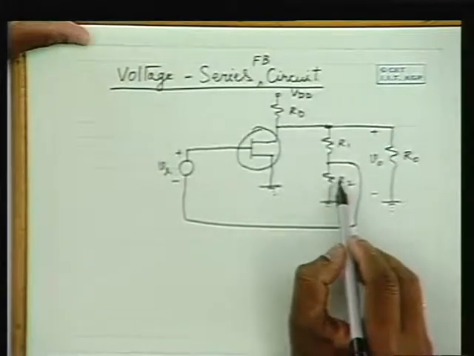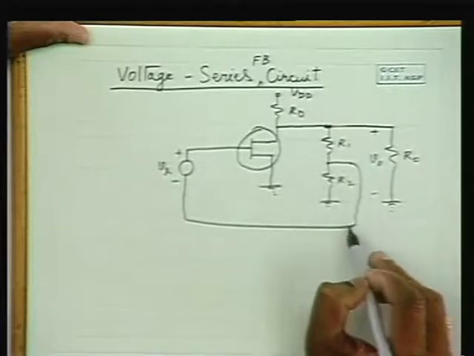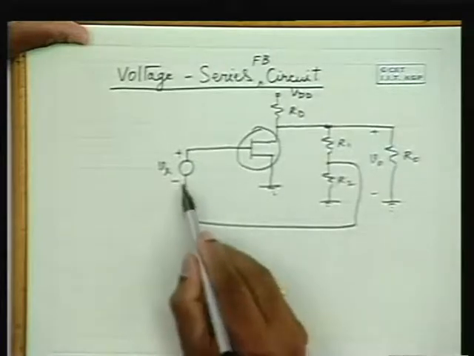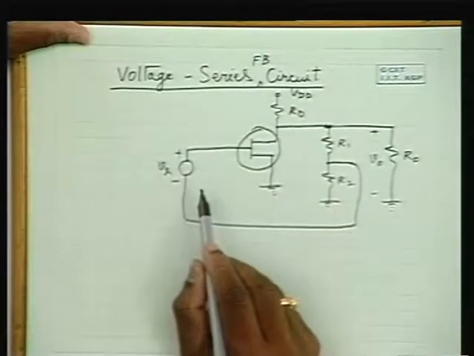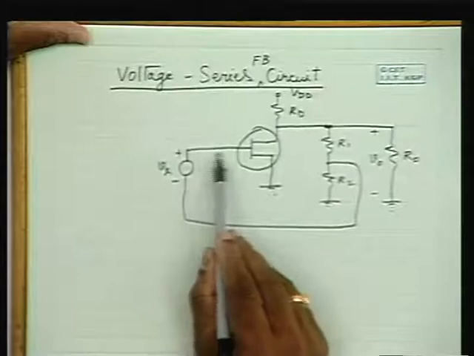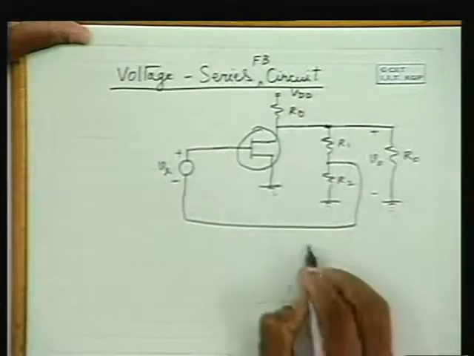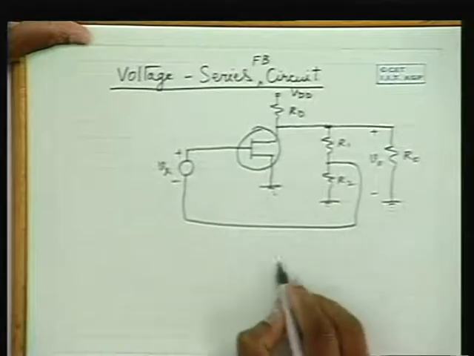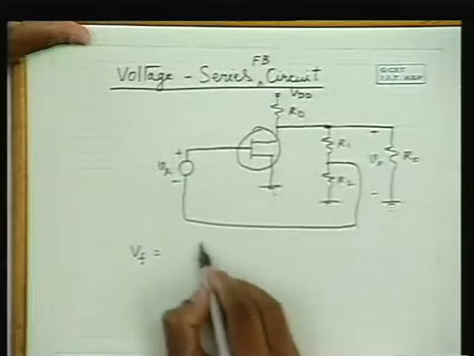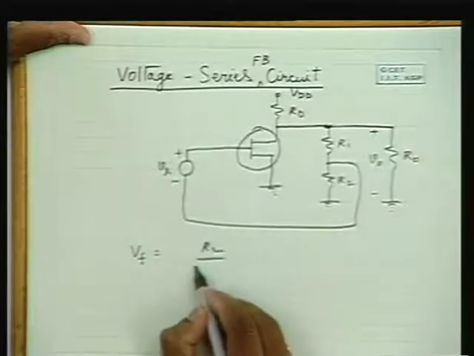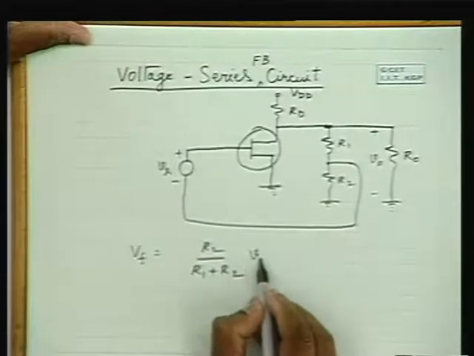R2 by R1 plus R2 times of that is being fed and applied in series with this voltage source Vs, and so that is applied over here. So please note that the feedback voltage here is R2 by R1 plus R2 times V0.